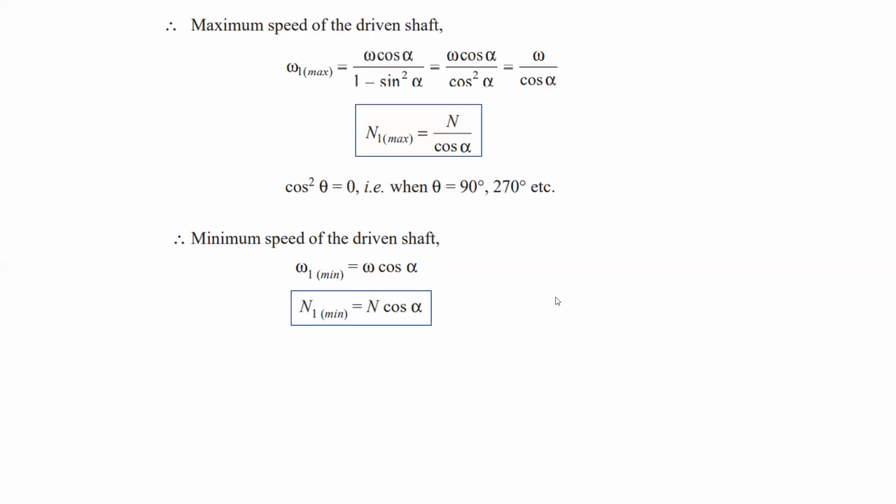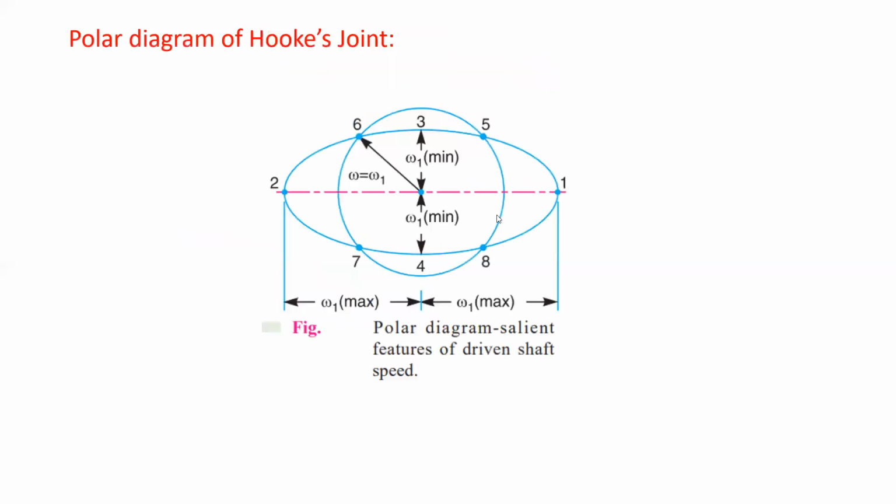So let us see that diagram. Here you see one circle, and you see one ellipse like this.